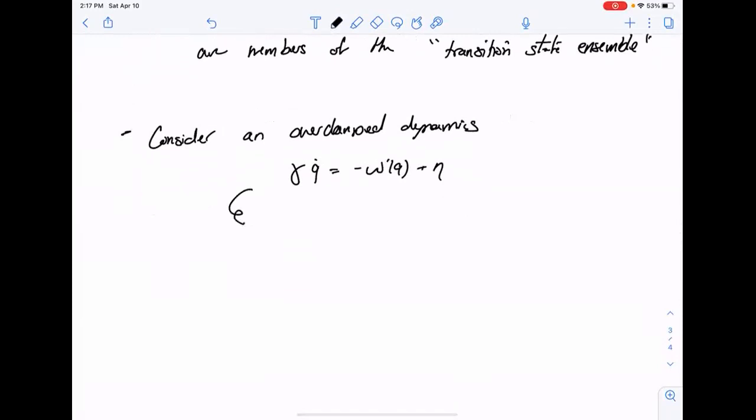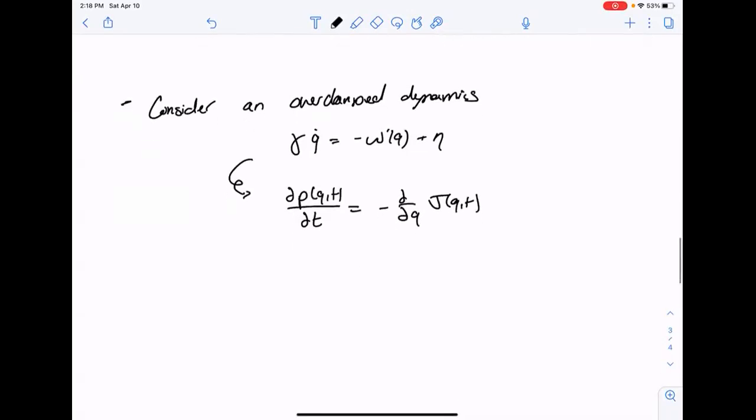We know that that equation generates a Smoluchowski equation for the evolution of the probability density of Q at some time t, which could be written as the gradient of a flux, where that flux depends on the diffusion constant and that potential.